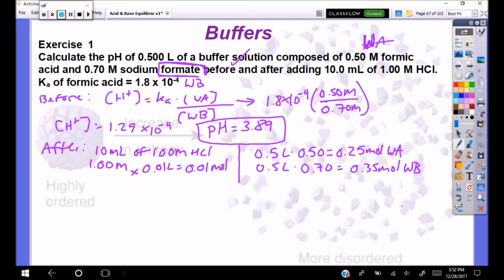Okay, now that I have everything in moles, I want to figure out my change. Whenever we do our change, we're going to do our change in moles. Okay, so I have my weak acid. Again, same as before, weak acid over weak base, but I need to look at my change.